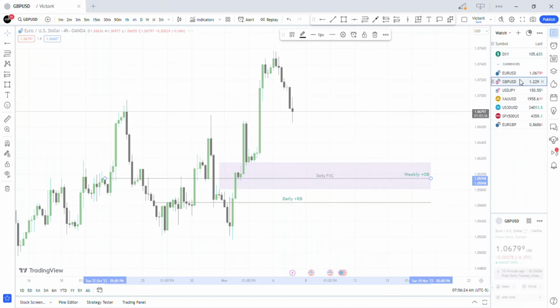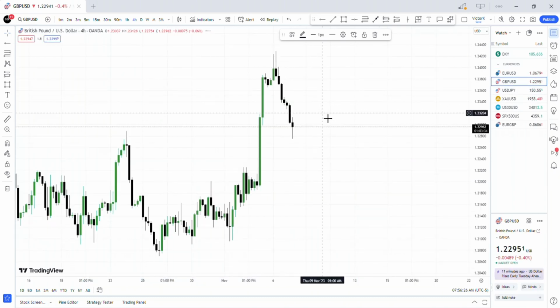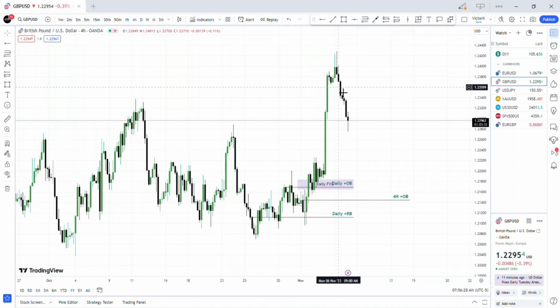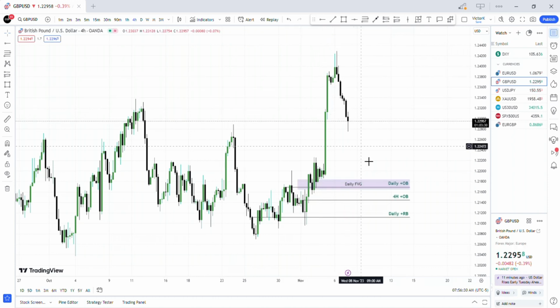And then the next one is the pound, GBPUSD. You can see just the same thing here, and these are the levels that you should note on your chart. This is the daily bullish rejection block, and the 4 hour bullish order block.